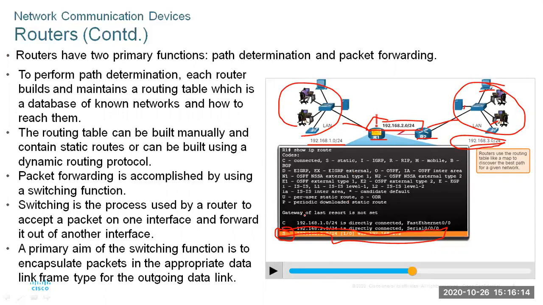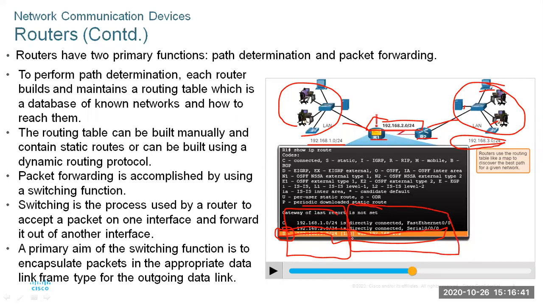So it uses the routing table to do its routing processes and switching processes. The routing process is here. What it does is check the routing table, or the list, to find the possible match to the destination address. And then the switching process is done here.